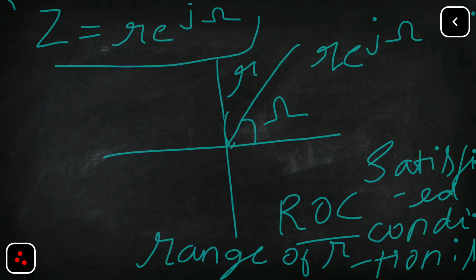And then we took the z transform of x of n, that is X of z, and we solved with respect to X of z. We took z as r e to the power of j omega, and substituted that in X of z.